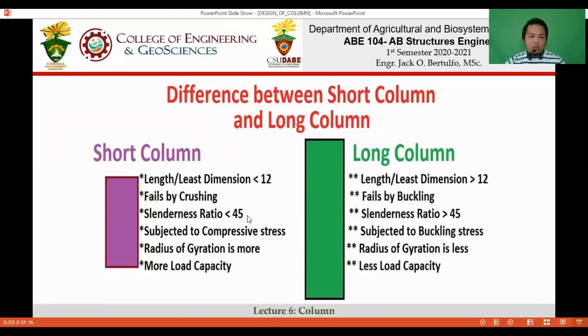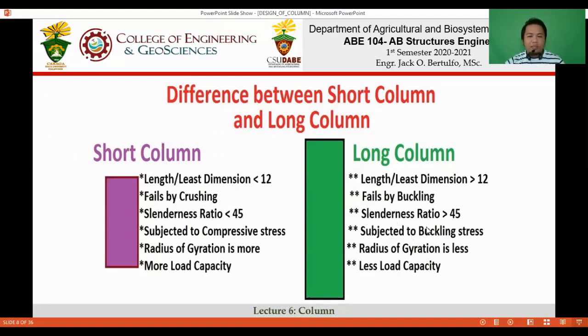So slenderness ratio, magdepende siya sa formula na gamit. So we have Winslow, we have the force product. Basta, remember that short columns fail by crashing, then long columns will fail by buckling.